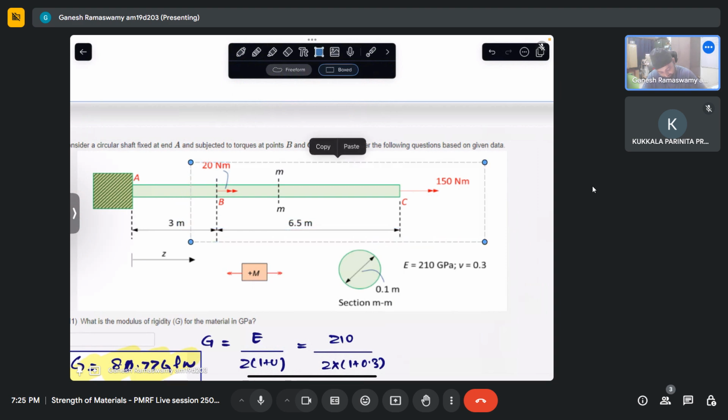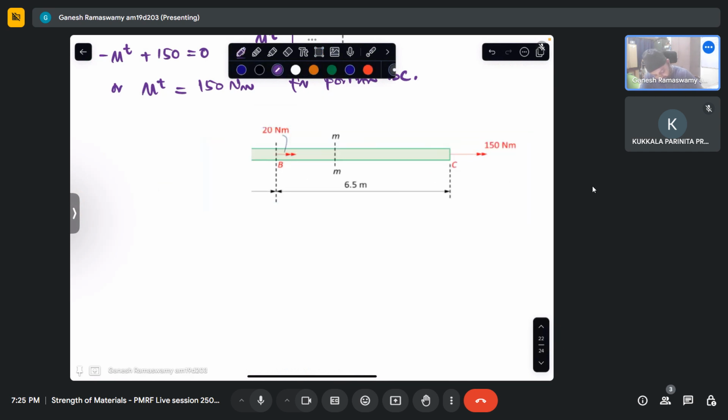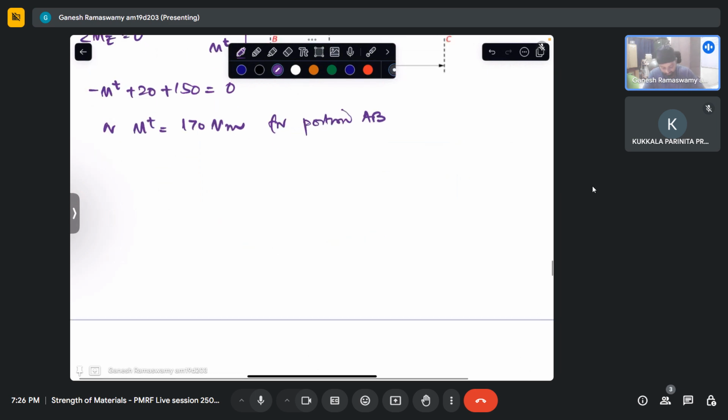Here again, it is a negative surface, so my MT has to be applied like that. So sigma mz equaling 0 gives me minus mt plus 20 plus 150 equal to 0, or mt is 170 Newton meter for portion AB. Clubbing these two, I can see my twisting moment diagram for this problem will be like that.